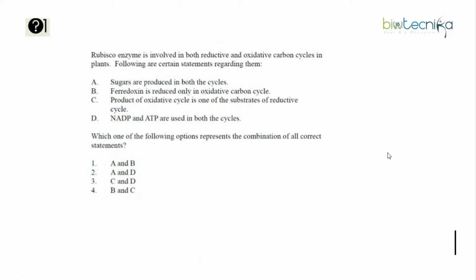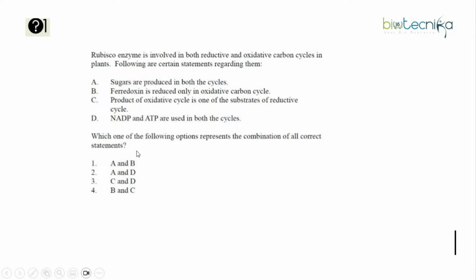So let's start with today's question discussion. The first question says Rubisco enzyme is involved in both reductive and oxidative carbon cycles in plants. Following are certain statements regarding them.